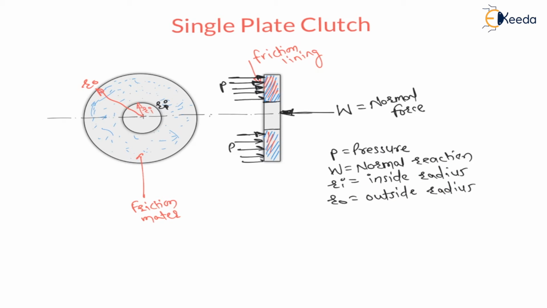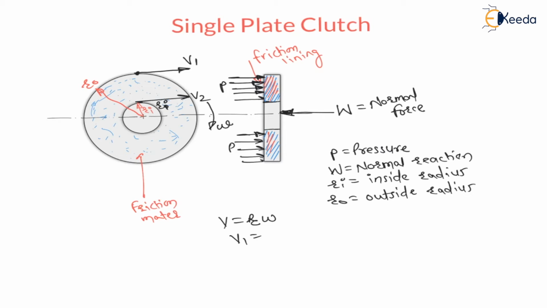Now this disc is rotating with some angular velocity omega. Therefore, if I consider the upper point, it is moving with velocity v1, and the lower point on the plate is moving with velocity v2, right? Now what is linear velocity? Linear velocity is equal to r omega.